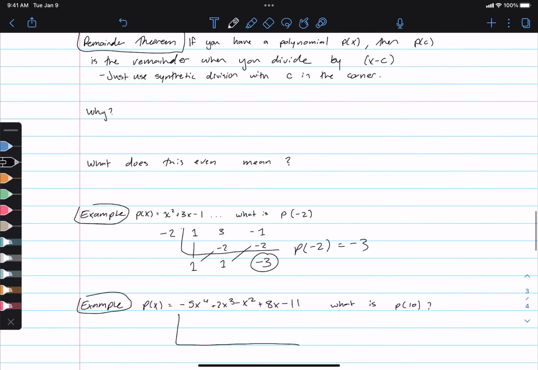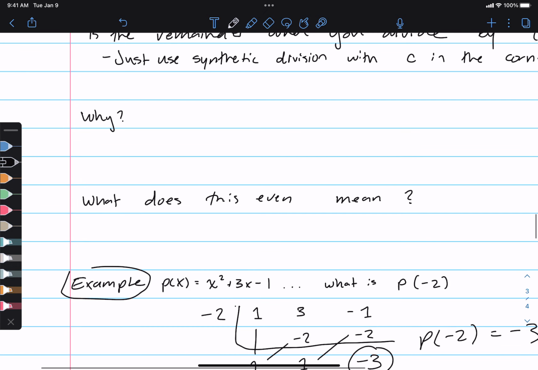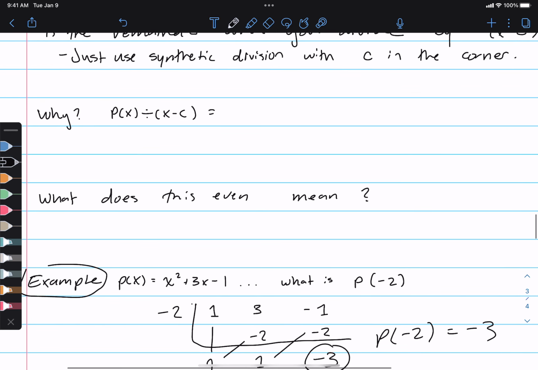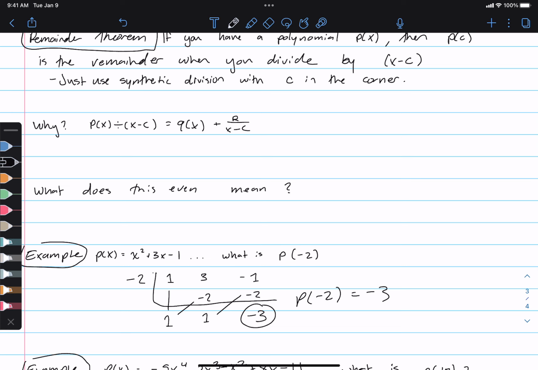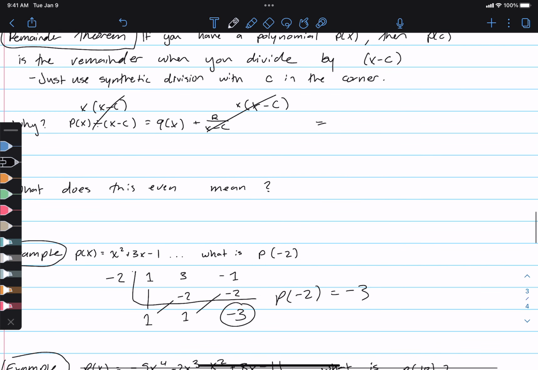Why does this work, though? Well, let's just take our polynomial here. So we get p of x divided by x minus c is going to equal some quotient term plus some remainder divided by x minus c, right? That's what we've been doing this whole time. And then if we multiply every single side by x minus c, this is going to cancel out, and this is going to cancel out here.